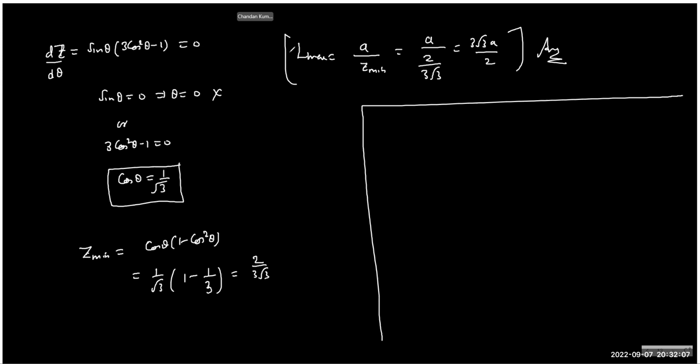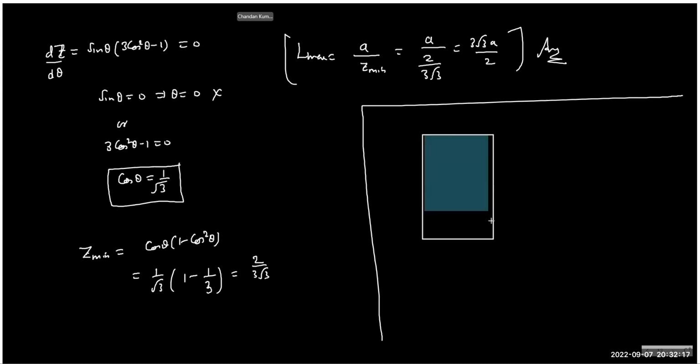So imagine we have a tank which is filled with water. The total height of the tank is H. And from the side of the tank, we make a hole.